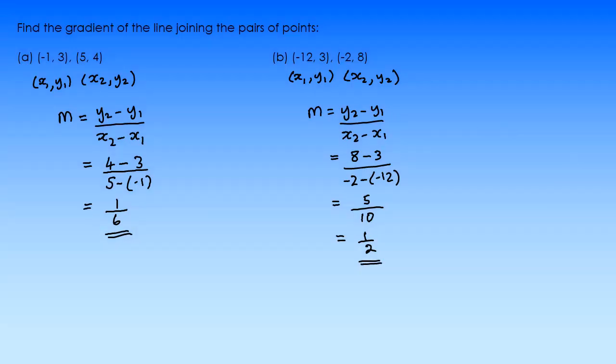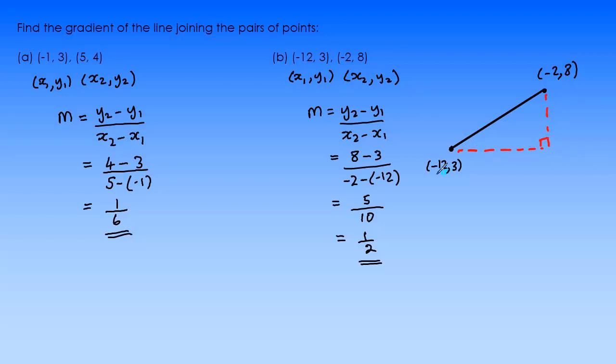Now we don't have to use the formula, there are other ways of doing this. For example, if we make use of a sketch, I can just draw a point here and say it's -12, 3, and compared to that, -2, 8 would be to the right and up a bit, so -2, 8, and then we're after the gradient of this line, so we form a right-angled triangle.